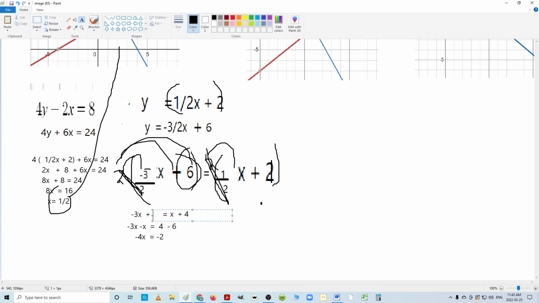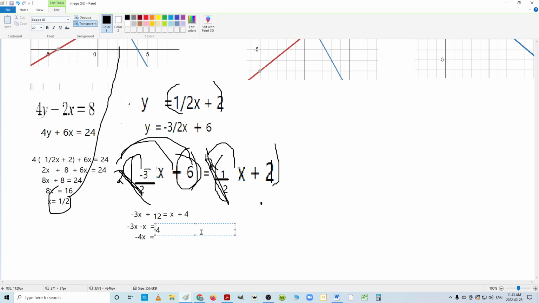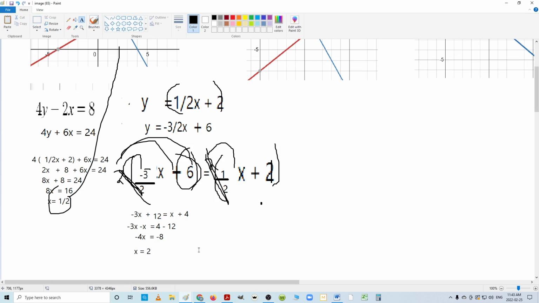And you can see when you go too quickly, you can make mistakes quite easily. Like that. So if I subtract 12 from both sides, I get 4 minus 12, and that's minus 8. And then when I divide both sides by minus 4, I get x is equal to 2. Then I substitute it in the equation to solve.